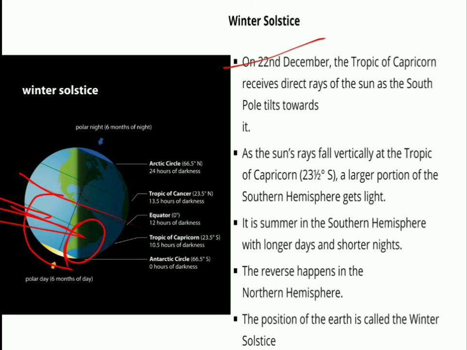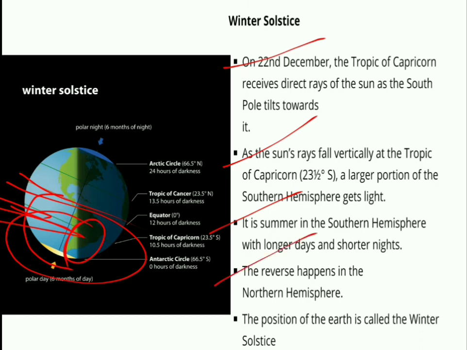As the sun rays fall vertically at the Tropic of Capricorn, 23.5 degrees south, the larger portion of the southern hemisphere gets light, and it is summer in the southern hemisphere with longer days and shorter nights. All parts of the southern hemisphere experience long days and short nights.